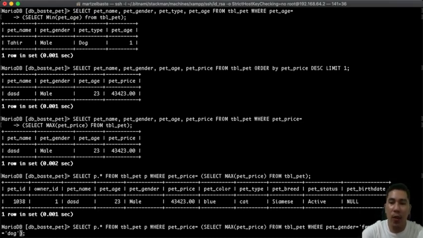All right, so that is our nested query. So whatever is the result of this inner query will be the value that is going to be used as a criterion for the where pet price. Okay? So let's see if this one will work.